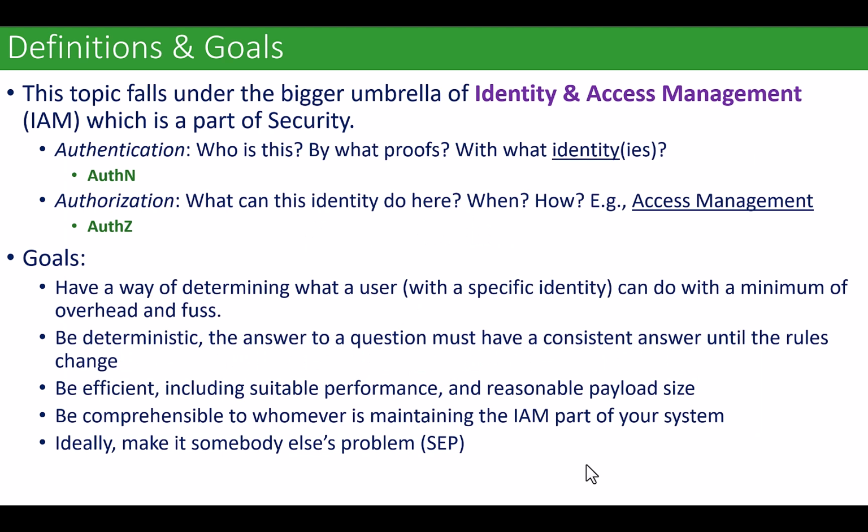And then, in a perfect universe, you can take the entire IAM problem and make it somebody else's problem, or what we like to call in architecture SEP, coined by Douglas Adams.